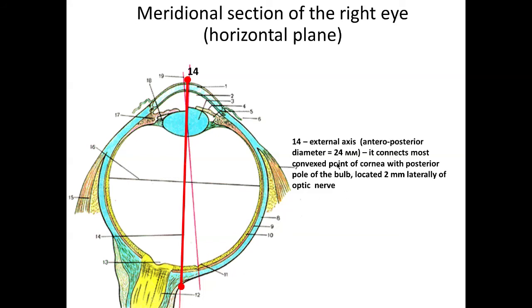And again, let's repeat that it is 24 millimeters for all healthy men, for all men who can see well without any glasses. And now the next axis, here it is.